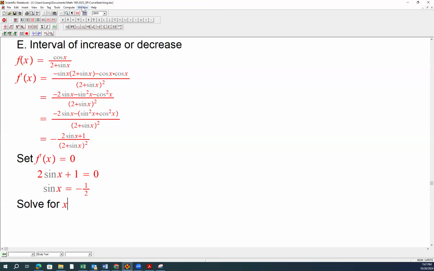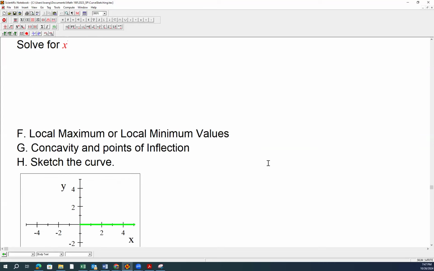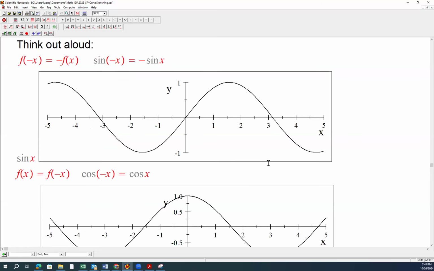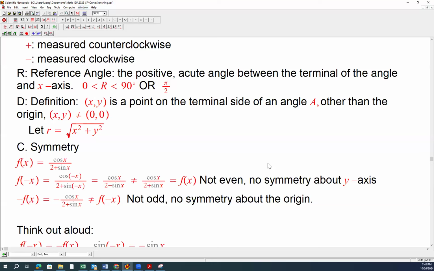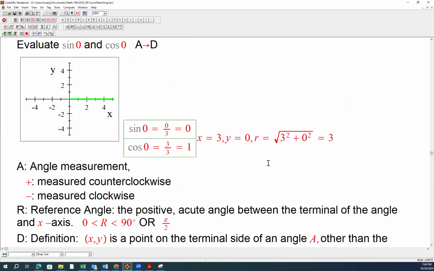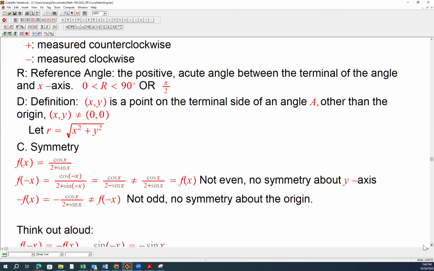But this time, different from the one we did earlier where cosine x equals 0, we have sine x equals negative half. Still going back to the red and blue situation. Well, we have these here, the angle measurements.